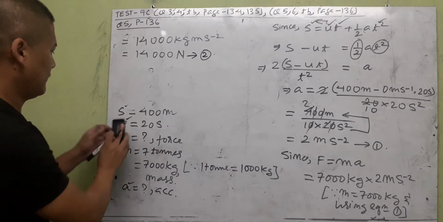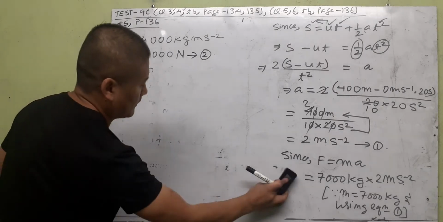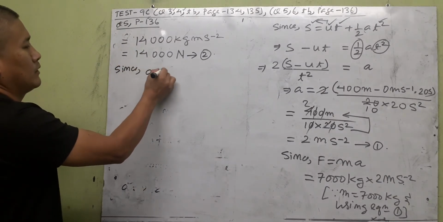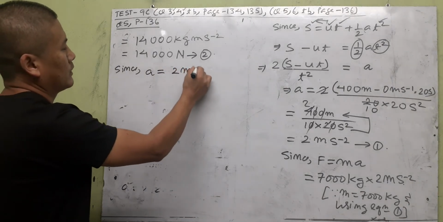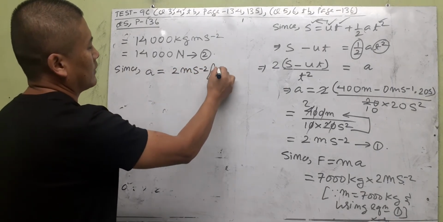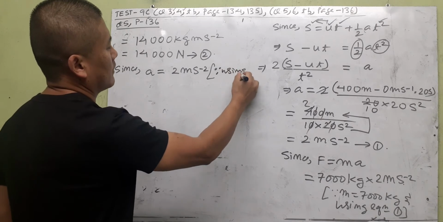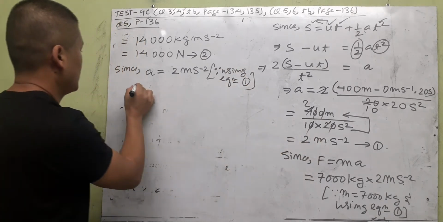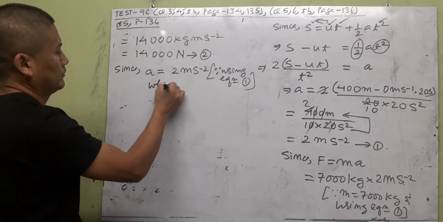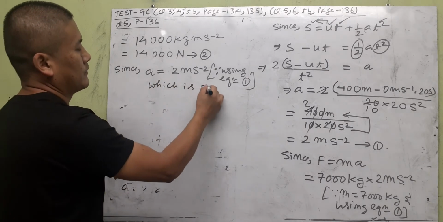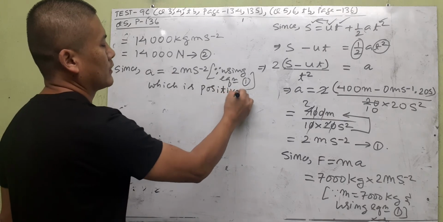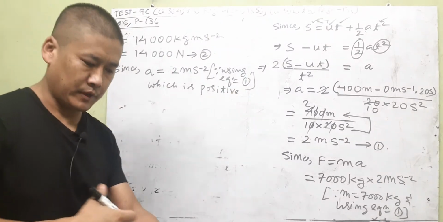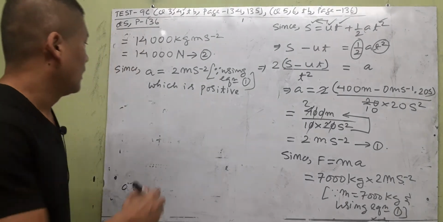So let us start with the first one. We've calculated A to be equal to 2 meter per second square by using equation number 1, which is positive. Positive acceleration means the rolling speed is increasing. Negative means it's like the picture of a car applying brake and slowing down, which is not the case here.